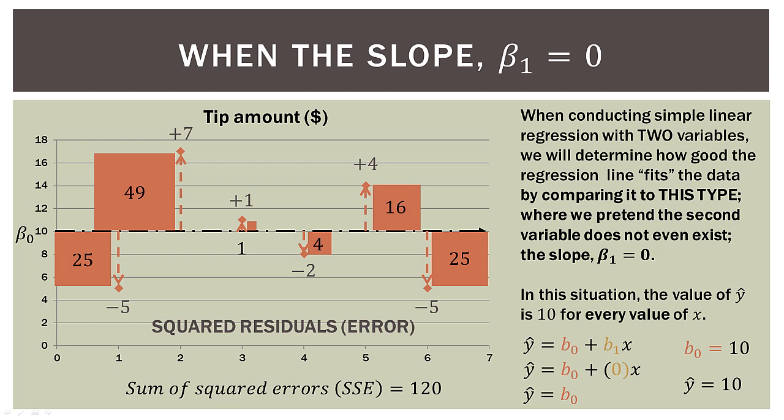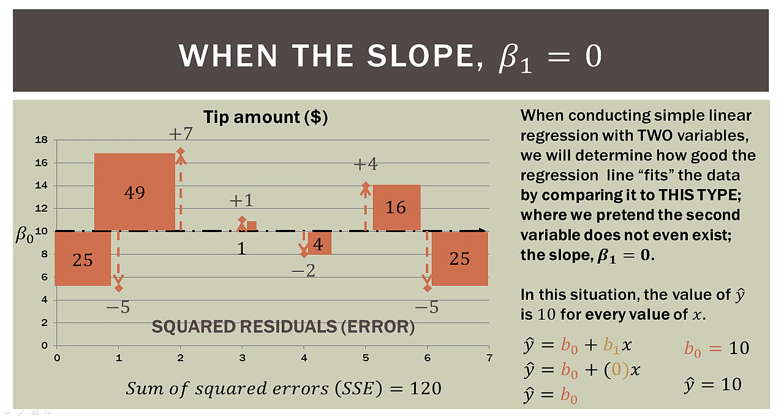So in this situation, the value of y hat is 10 for every value of x. We can actually do this algebraically. Y hat equals b sub 0 plus b sub 1 times x, but the slope is 0, so we insert that in where b sub 1 is. So we're left with y hat equals b sub 0. Well, what is b sub 0?